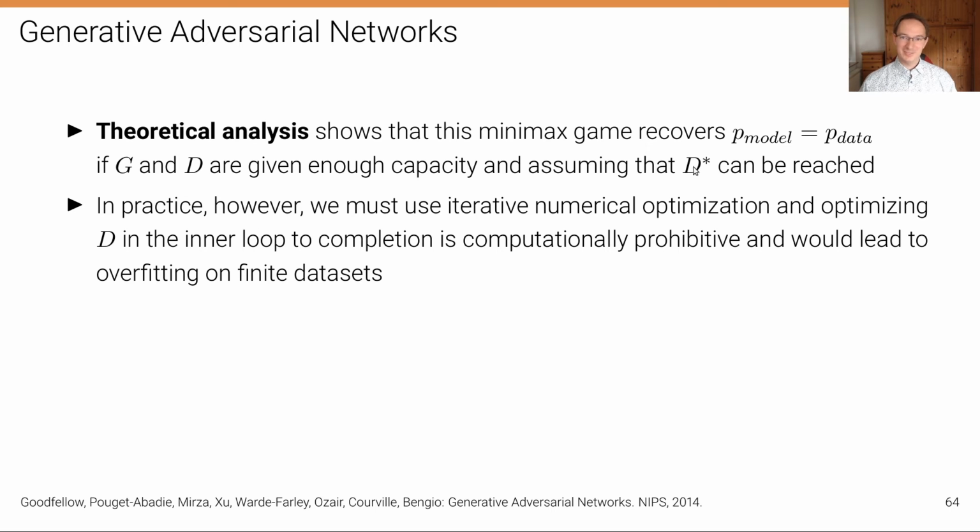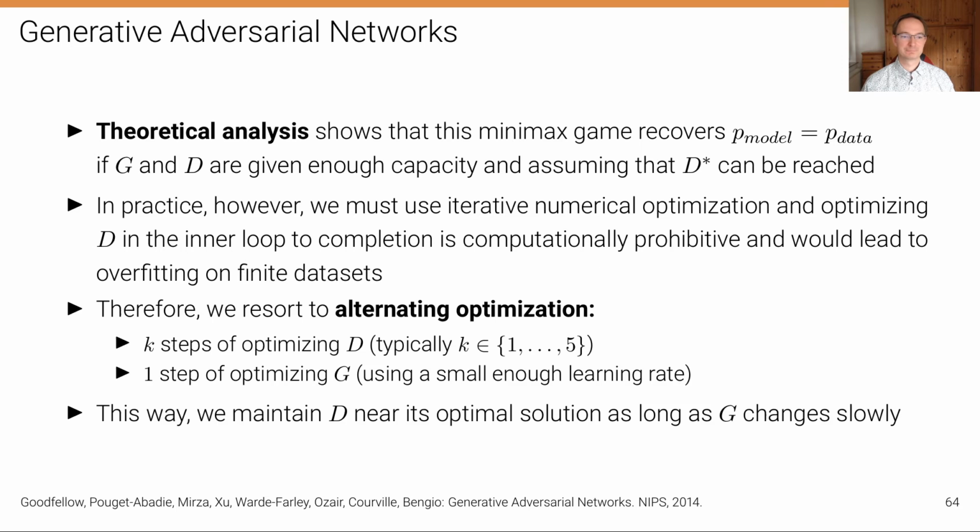But in practice, reaching D star, the optimum at each iteration, is too slow, and so we must use iterative numerical optimization. And optimizing D in an inner loop to completion is just not possible.